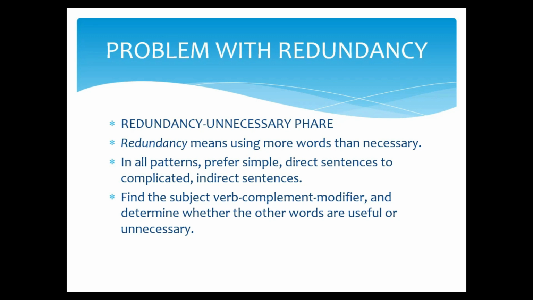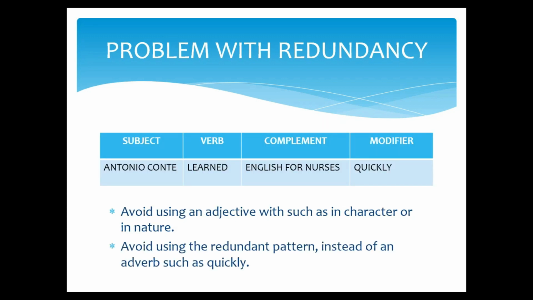In all patterns, prefer simple, direct sentences to complicated or indirect sentences. So redundancy is again and again, this is unuseful, unnecessary words. Okay, alright, let's have a look here.